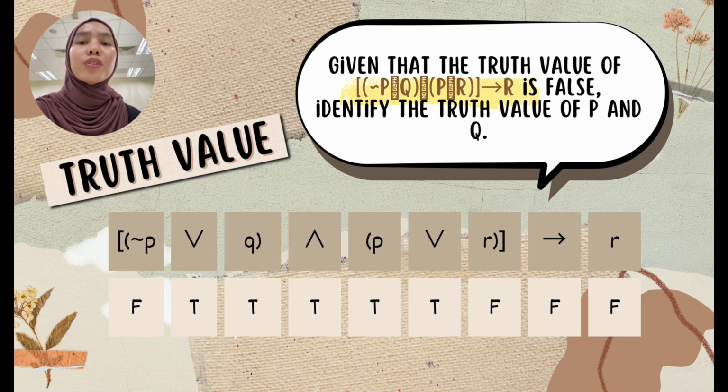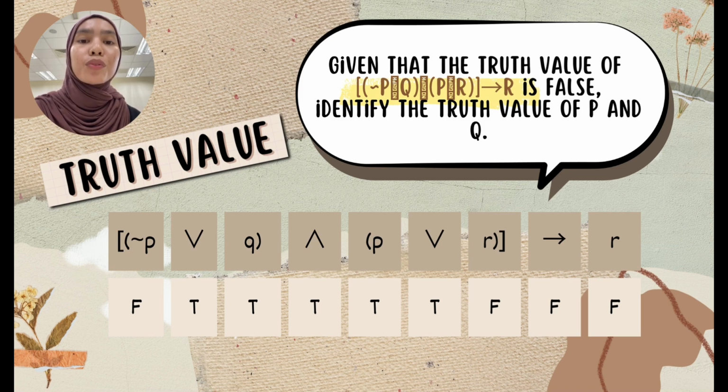Okay, now we go to the square bracket equation. Like I said just now, it is true, so I put true below the symbol and, and I can solve the second bracket first because we know R is false. So and just now is true. To get true for and, it is true made true. So for the or symbol, we will put true for both brackets, and then for the second bracket, R is false.